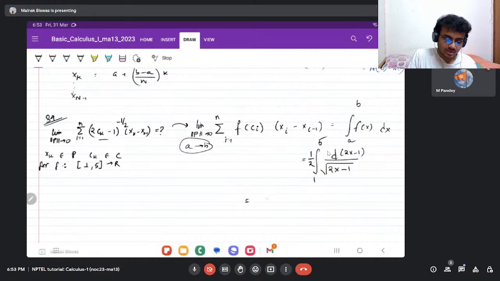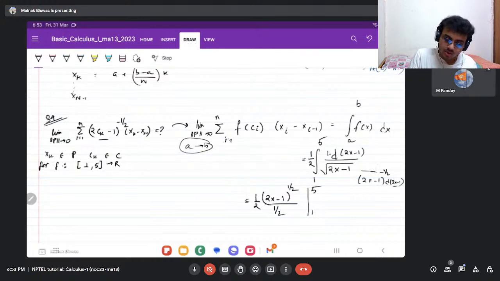I hope this is clear. So 2x minus 1 to the power half by half, 1 to 5. Agreed? Yes, sir. The integral of 2x minus 1 to the power half with d of 2x minus 1, you can take this as t, so you will get t to the power of half by half.